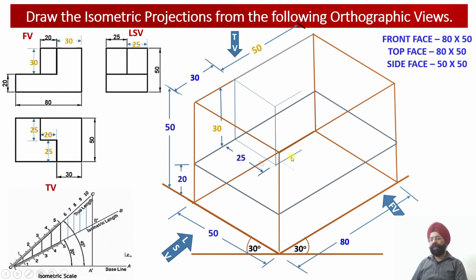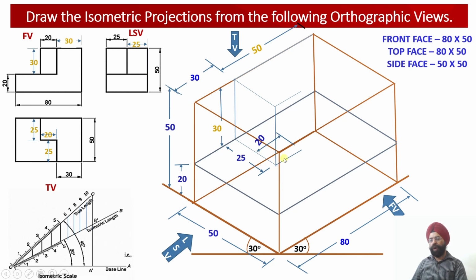So let me show this dimension. Check it out. 20 millimeter from this face I am moving backward. Again, this is a blue dimension. It is a mandatory dimension, must be shown, right? It is not something which is for explanation. So for 20 millimeter I am moving back.